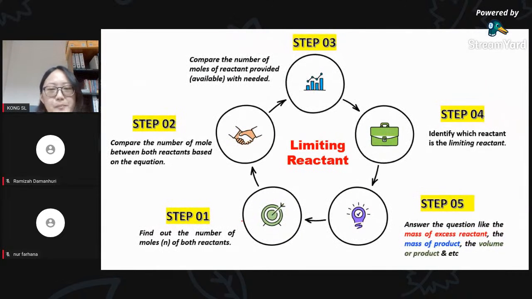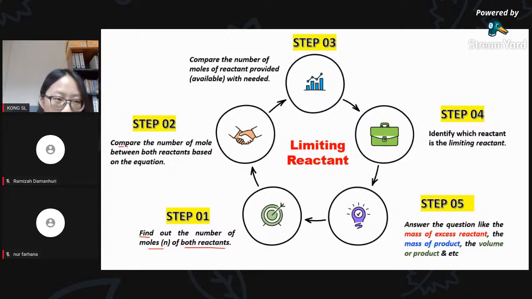Okay, these are the steps, okay, that involve in limiting reactant. So you go through first, check one by one the step 1, 2, 3, 4, 5. Okay, first, must find mole both reactants.